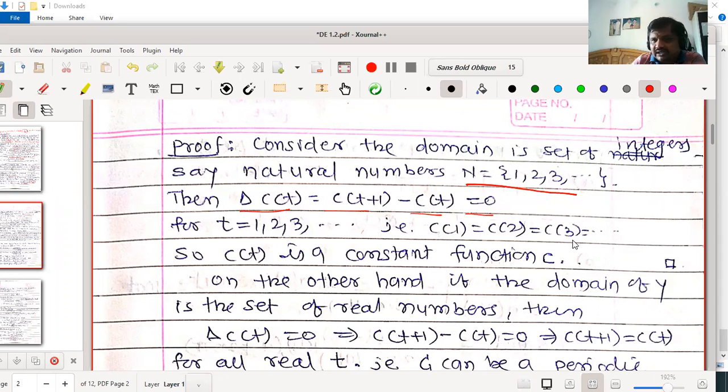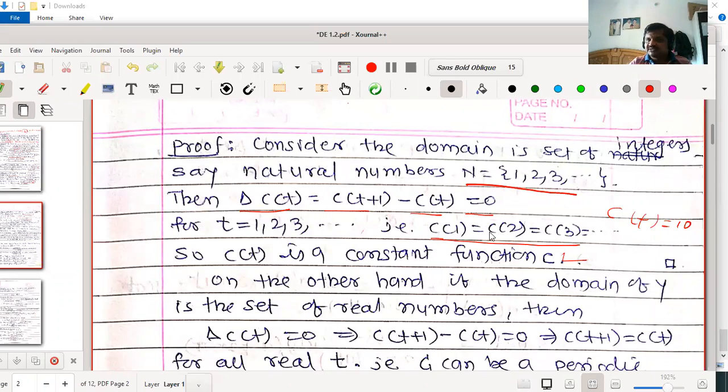ये सब values equal आएगी. That means what? अगर ऐसा कौन सा function है? Y at 1 equal to y at 2 equal to y at 3 equal to y at 4, isn't it? इस type का आता है, then it is only a constant function. So if your C of t equal to something, 10, then your C of 1 equal to 10, C of 2 equal to 10, C of 3 equal to 10, C of anything equal to 10 will be there.